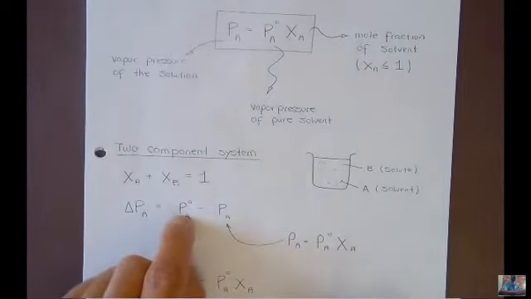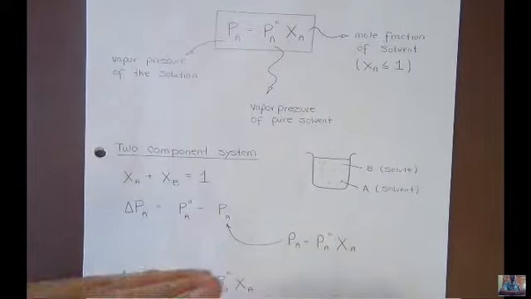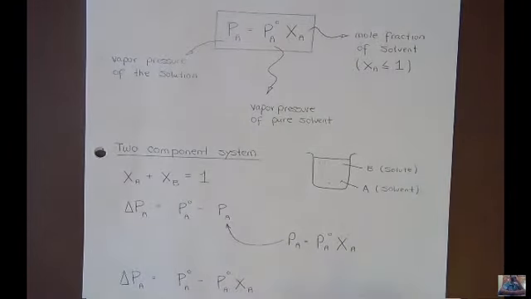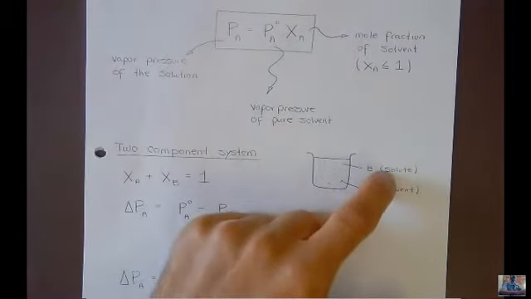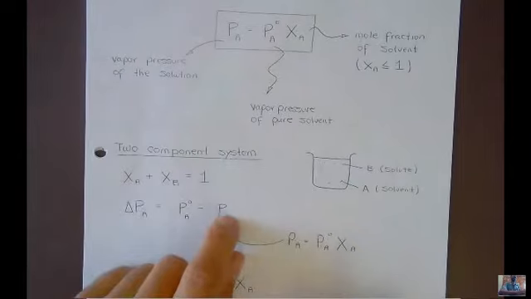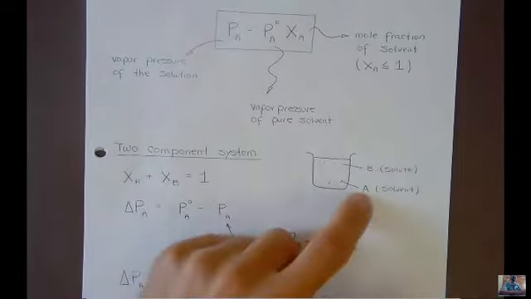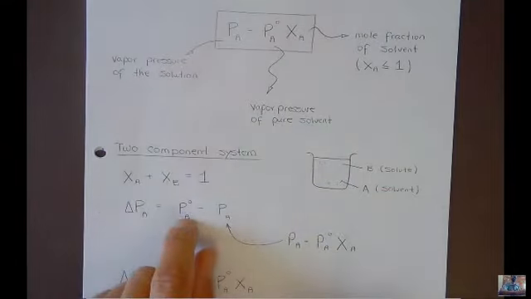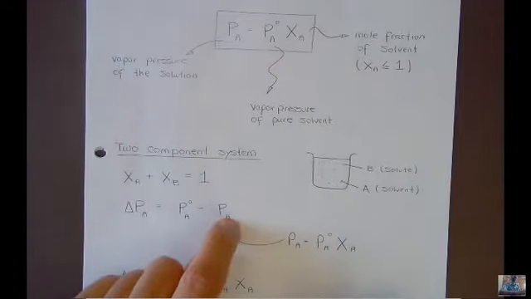The solution will always be lower than the pure, because by adding the non-volatile solute, you hinder the ability of the volatile solvent to evaporate. So how much has it been lowered? Take the pure minus the solution.